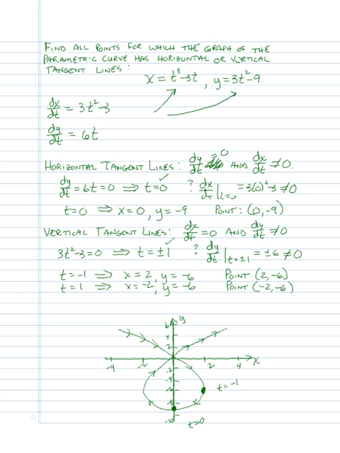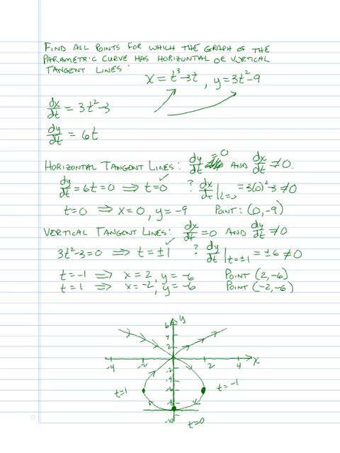And likewise, when t is equal to +1, as we're moving along and t is increasing, it says that we have a vertical tangent line at (-2, -6), which is this point right here, and yes, that seems to fit. We would have our one horizontal tangent line here at the bottom.